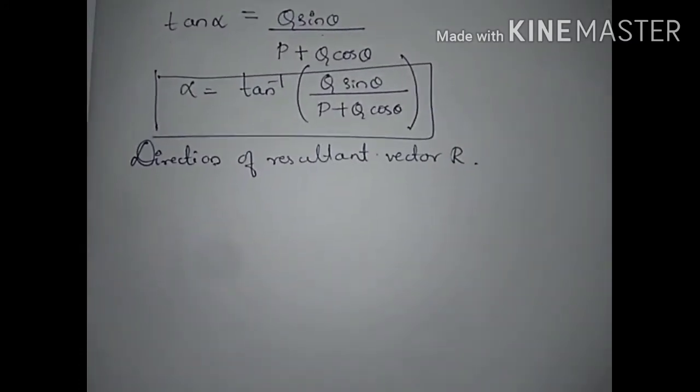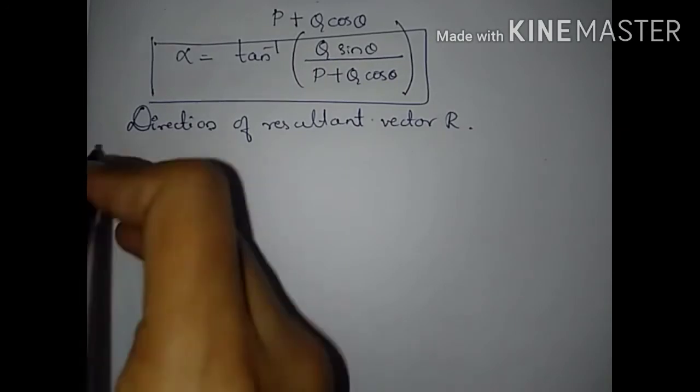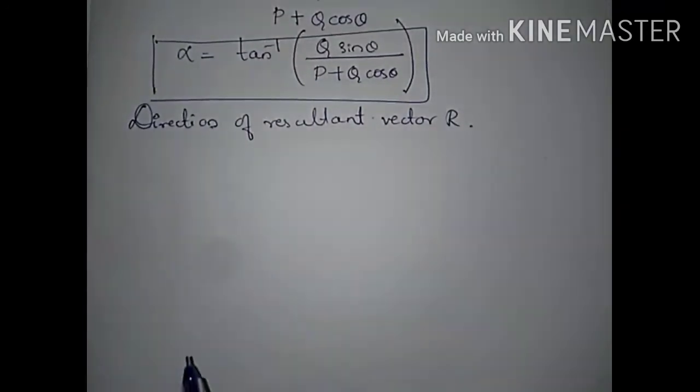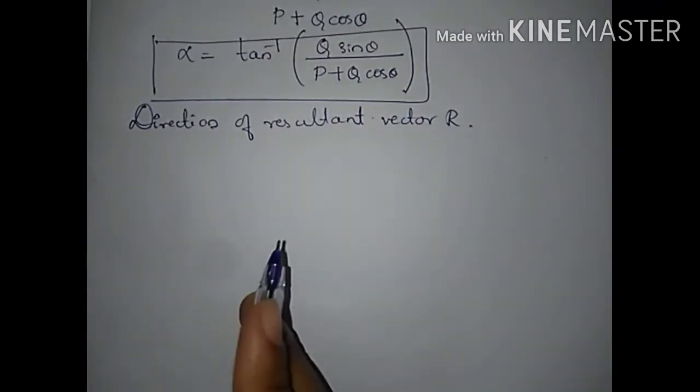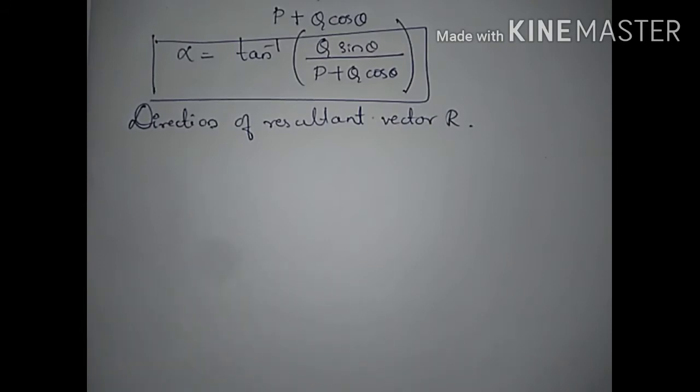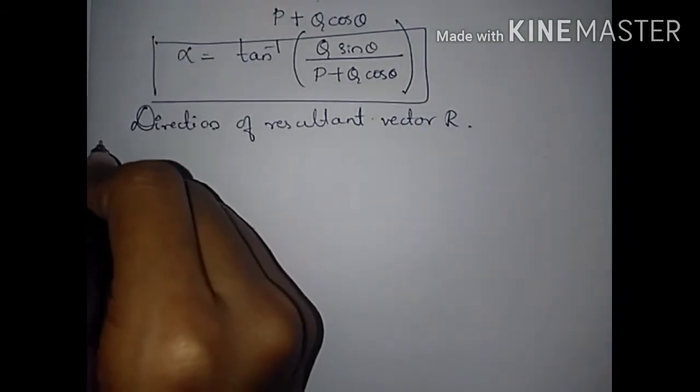Again, there are three cases: when theta is equal to 0 degrees, when theta is equal to 90 degrees, and when theta is equal to 180 degrees. So let us find them.